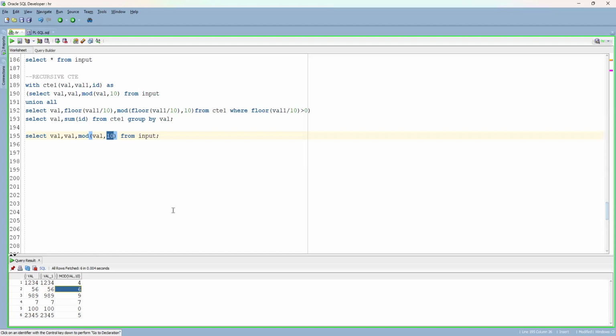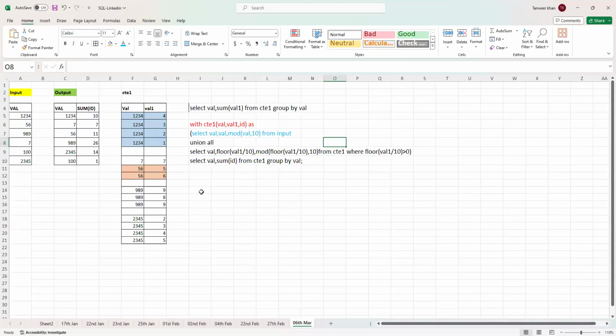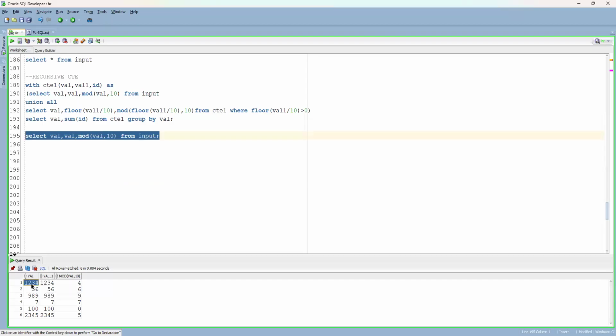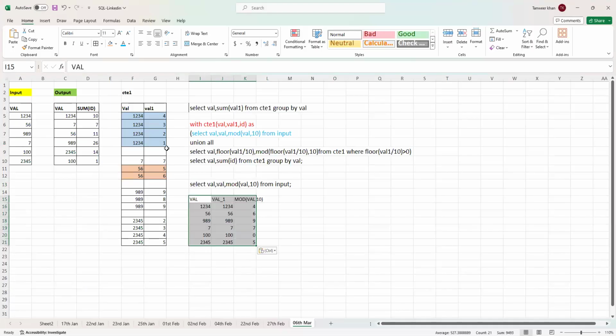So this will give me the remainder. So first of all, is this query clear? Any question from this query perspective? Yes, clear. One open question is why I'm using val twice. I will answer it, I just need some time.